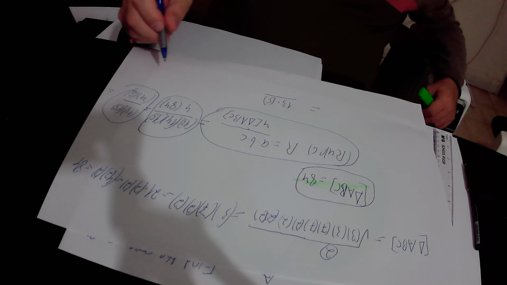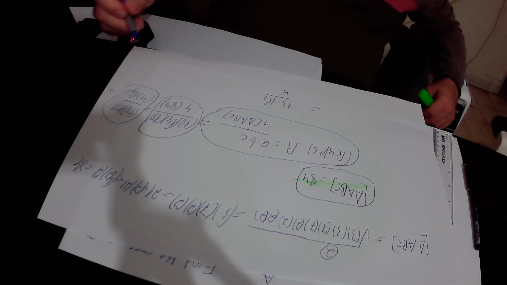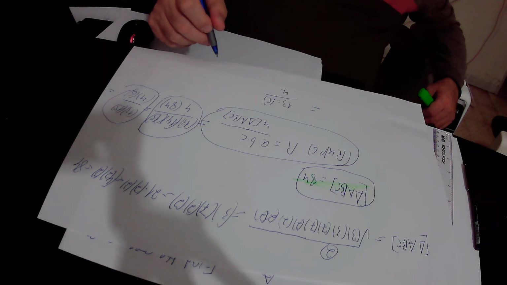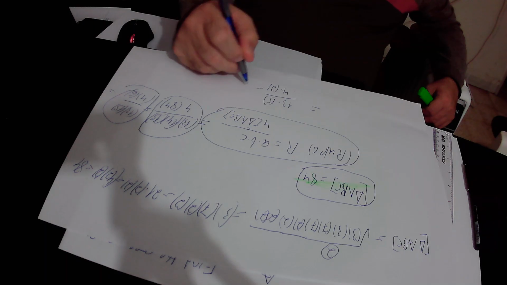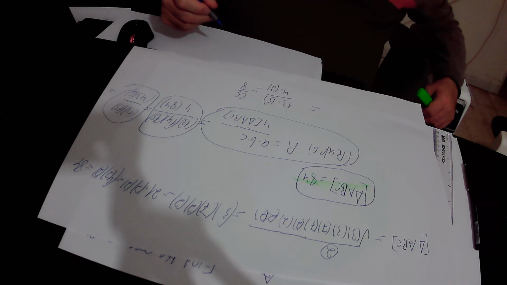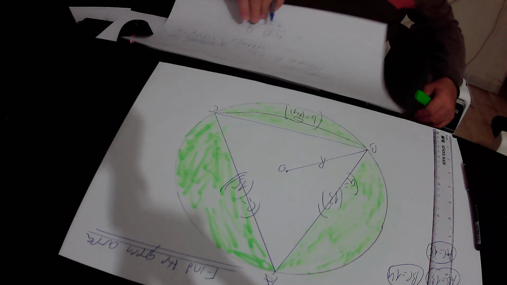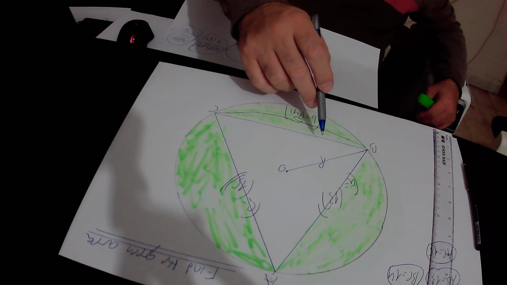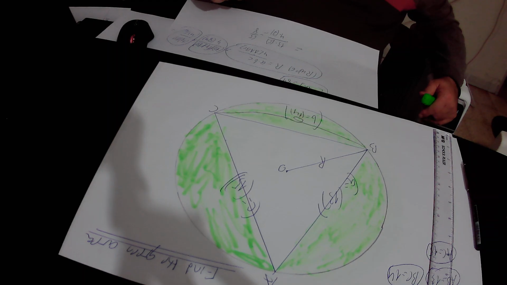In the denominator, 4 times 6 over 3 is 4 times 2, that is 8. In the numerator 13 times 5 is 65. So we found out that the radius of this circle r equals 65 over 8 units.